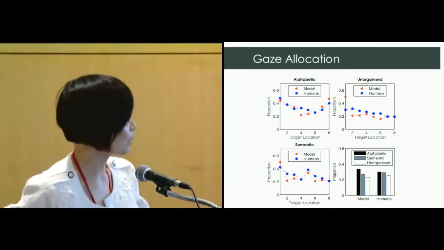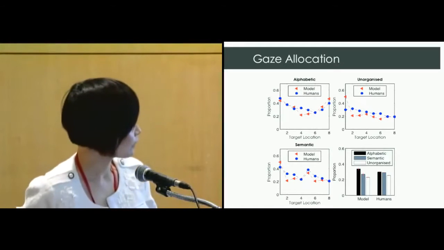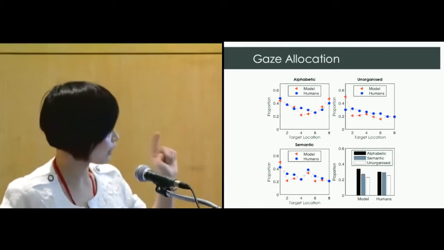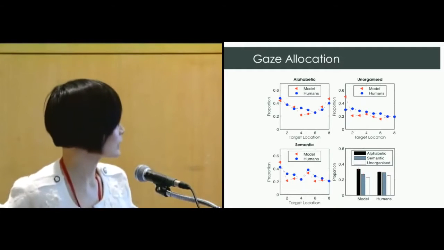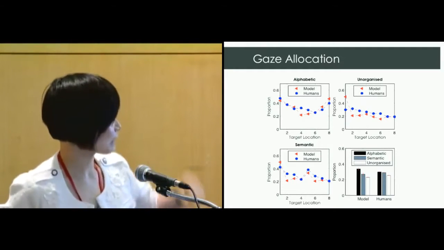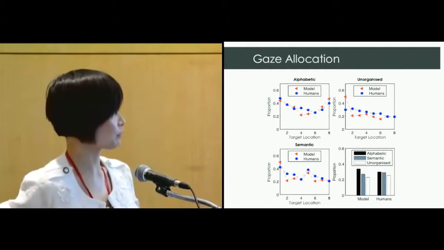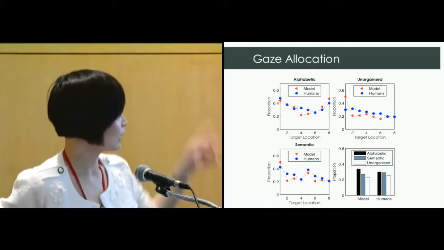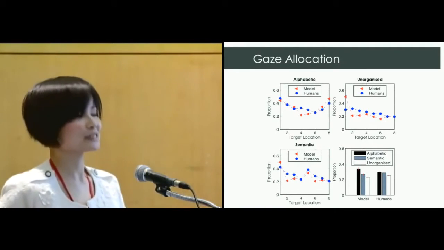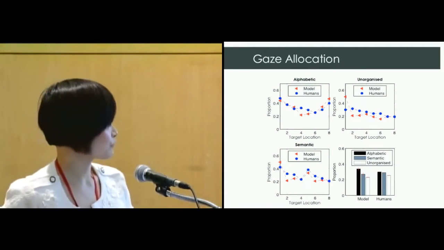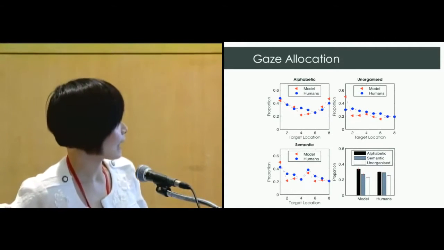For example, for the alphabetic one, the human data, the blue dots, show that when the target is at the top of the menu or at the bottom of the menu, participants were more efficient to find the target.